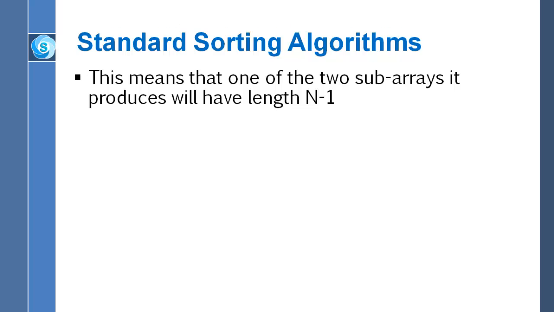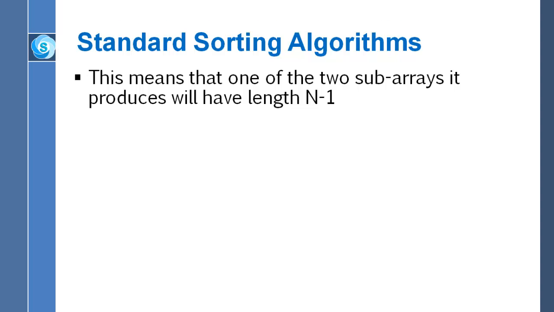As a consequence, the pivot will be placed either at the start or the end, and one of the two subarrays that you end up with will have length n minus 1. The other one will be empty. Okay? So you see what can happen.